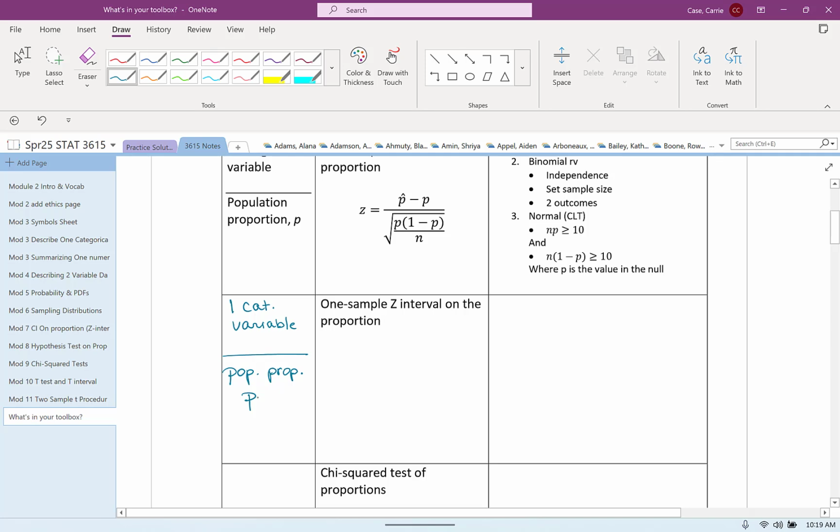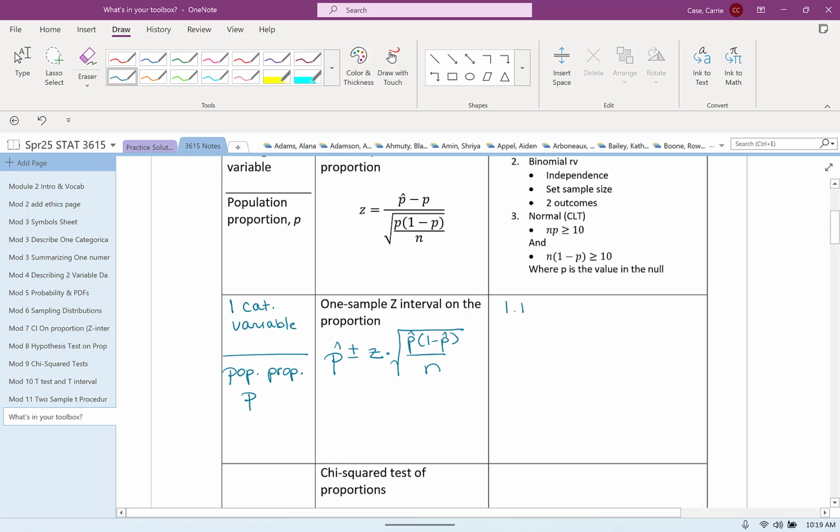The one sample Z interval on the proportion is P hat plus or minus Z times the square root of P hat times 1 minus P hat over N. And if you don't know what these variables stand for, that variable sheet that we had at the beginning, you need to pull it out and you may need to add on to it.